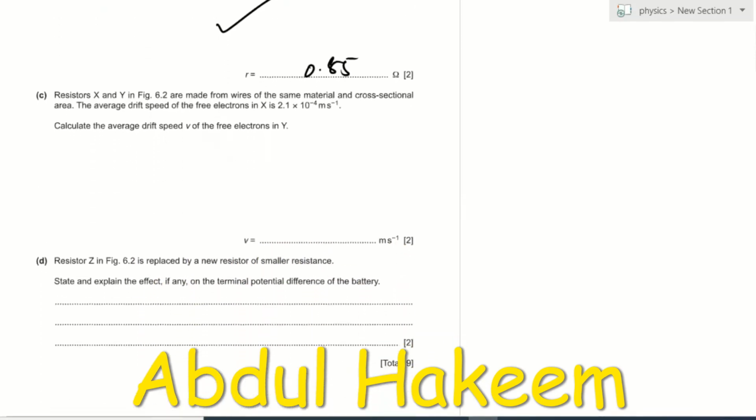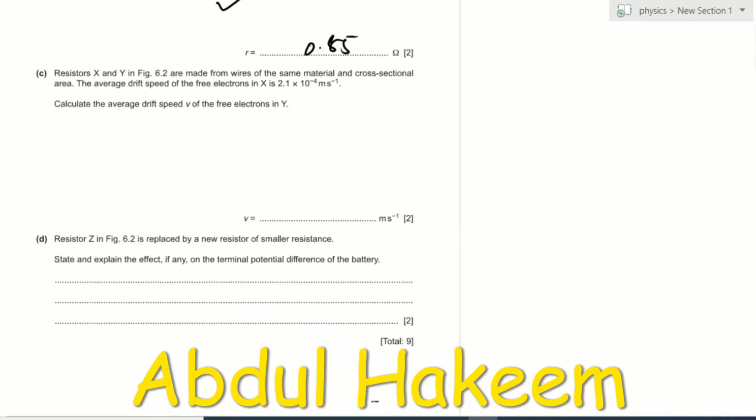Now the next, resistors X and Y in figure 6.2 are made from wire of the same material, same cross-sectional area. The average drift velocity of the free electrons in X is 2.1 times 10 power minus 4.